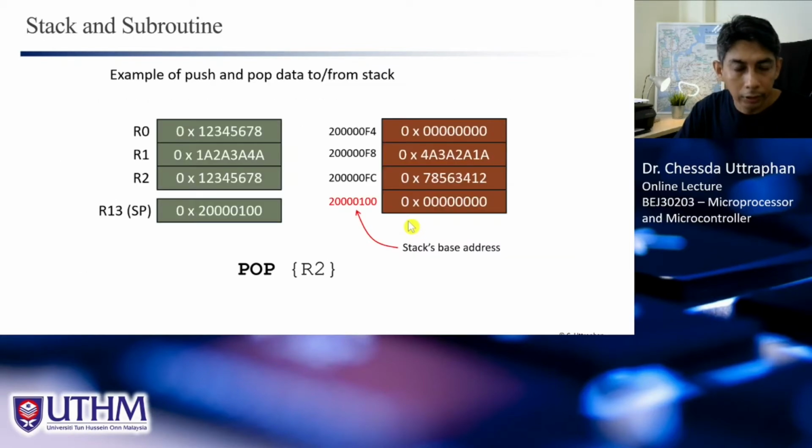All right. So maybe we can look at a program example. When we run it in Keil, let's see what happens in the memory. All right, so let's open Keil uVision, or microvision.